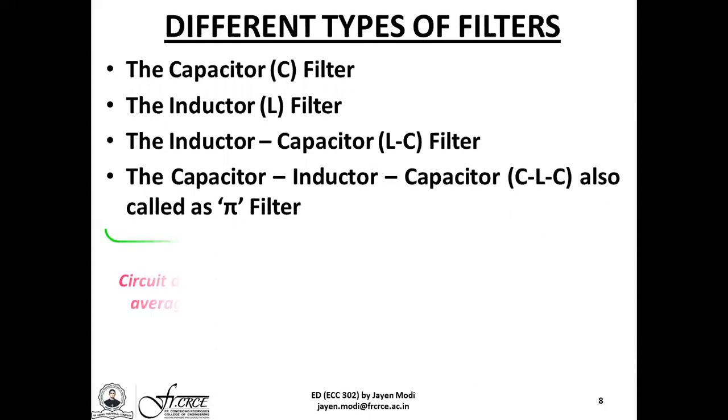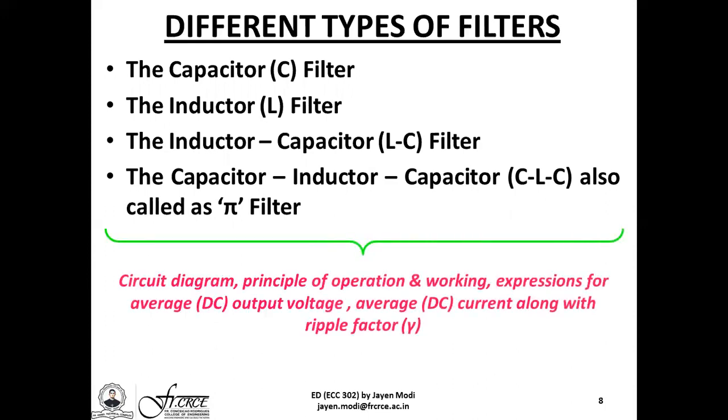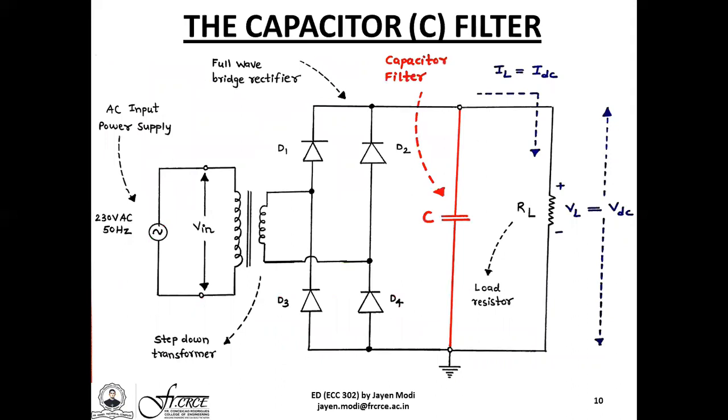The syllabus focuses on studying the circuit diagrams, the operating principle, the working, expressions for the average or the DC output voltage, expressions for the average or the DC output current, along with their own ripple factor given by the term gamma. So, starting off with the first, the capacitor filter, the diagram is as shown.